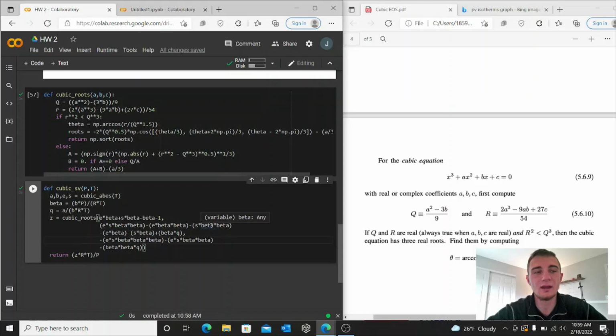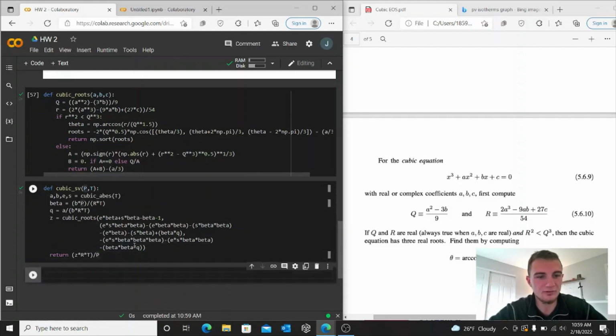If you want to see how I calculated these different coefficients, you can watch video 2, when we derived this cubic polynomial and got these coefficients. I just added them in here for the sake of time.